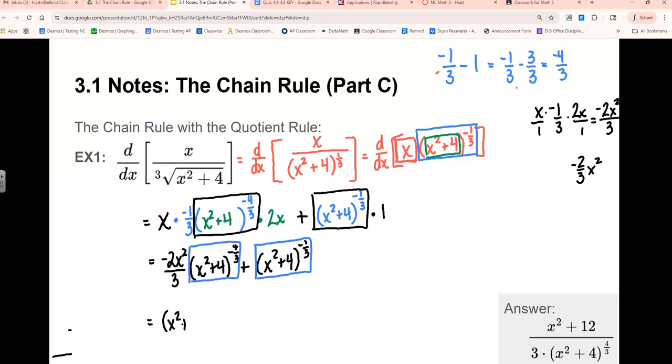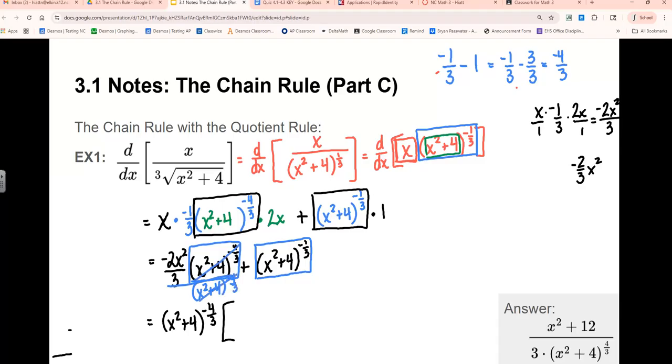I will have x squared plus 4 to the negative 4/3 out front. I'm going to use a bracket instead of a parentheses because I bet there's going to be some more parentheses inside, and that just clarifies it a little. So I'm taking this first term and dividing it by x squared plus 4 to the negative 4/3.